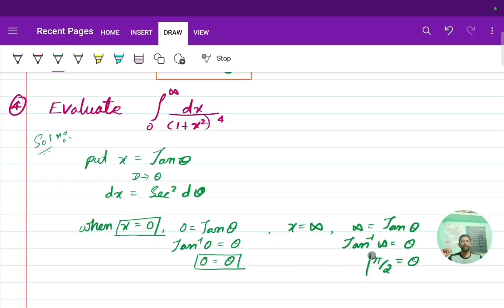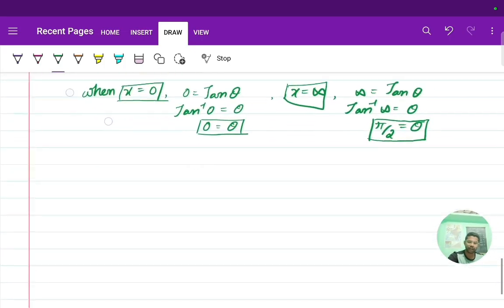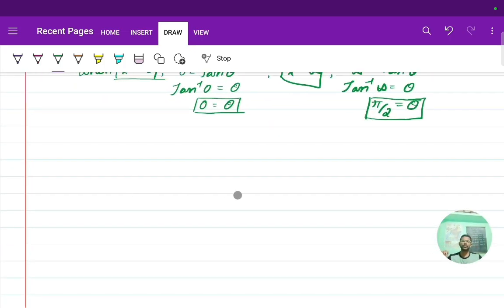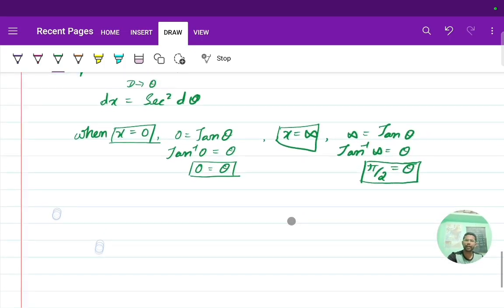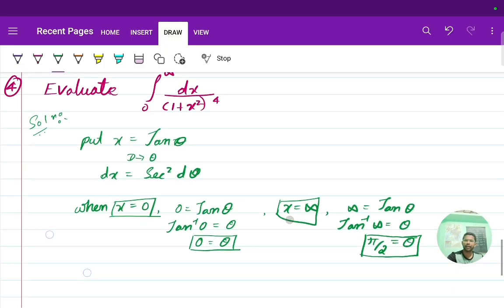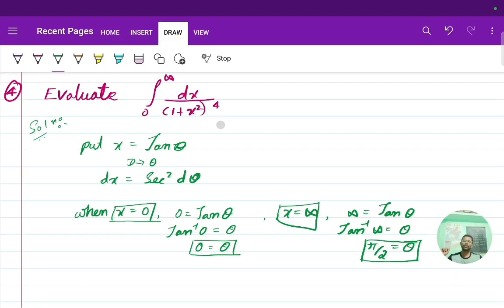So when x is equal to infinity, then theta is equal to pi by 2, right? Let us substitute all these values in the given question; let's take this as equation 1.